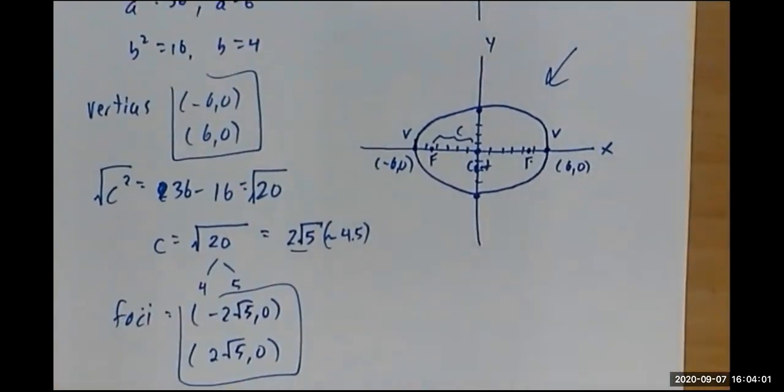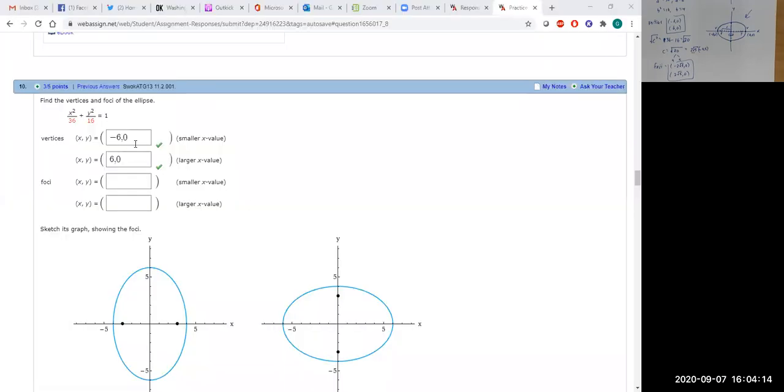So let's go back, enter these numbers, and see if we've done it correctly. So actually, I already have the vertices in here. So the foci, I said the smaller x value is negative 2 square root of 5.